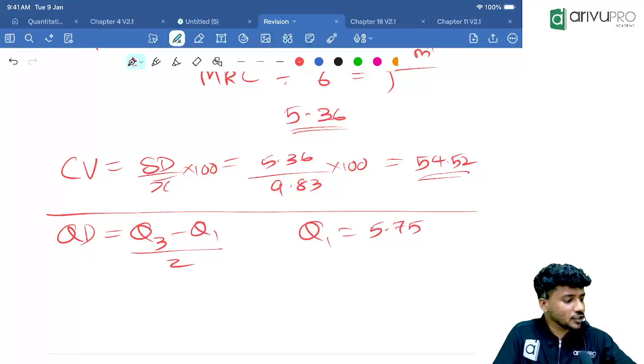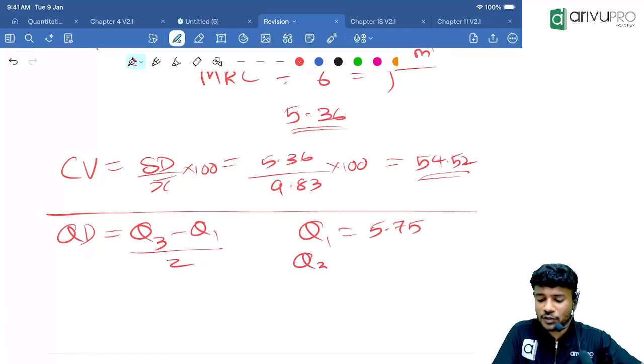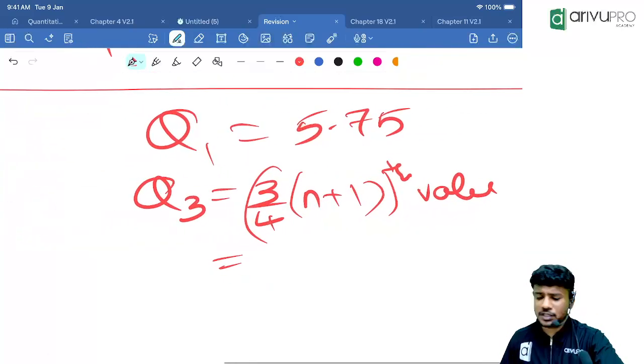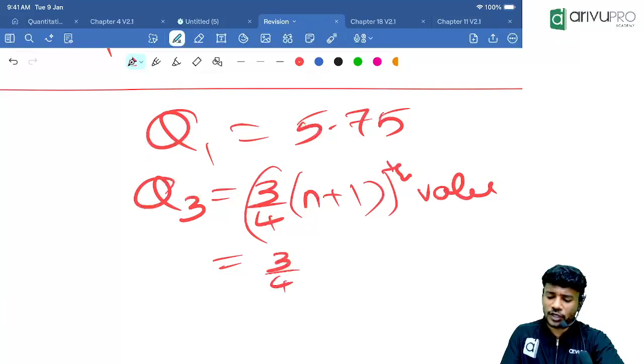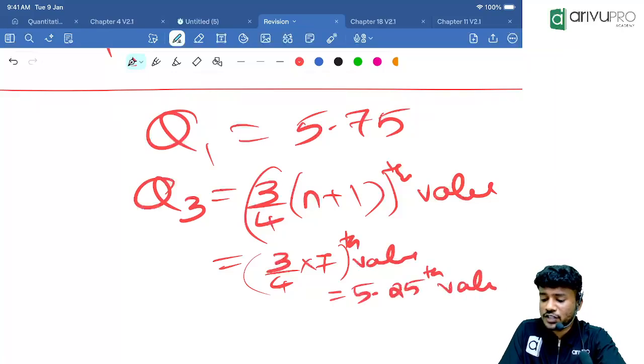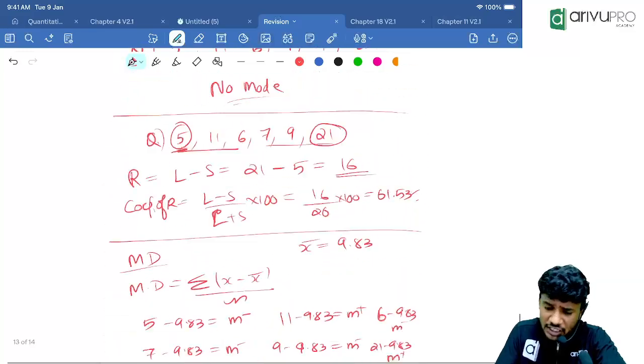Can I find Q3? How to find Q3, people? That is 3 by 4 into (n plus 1)th value. Correct? So 3 by 4 into (n plus 1)th value means 3 by 4 into 7th value. How much is it, people? 5.25th value. Which was the 5th value after arranging in increasing order?